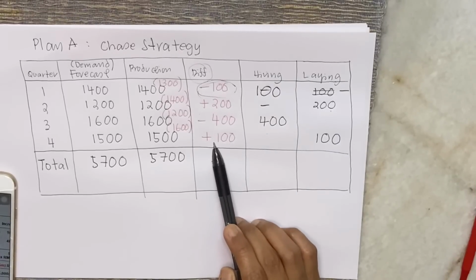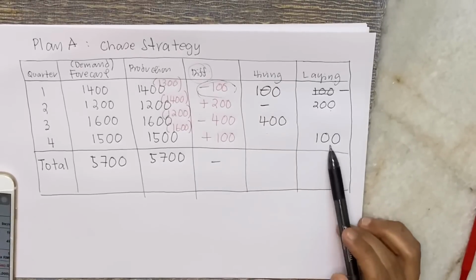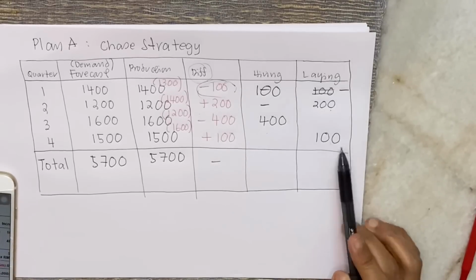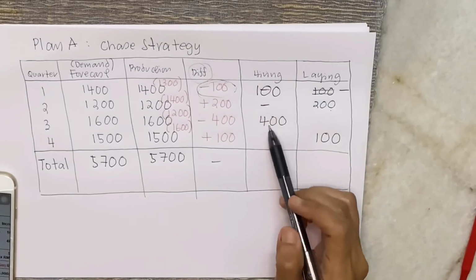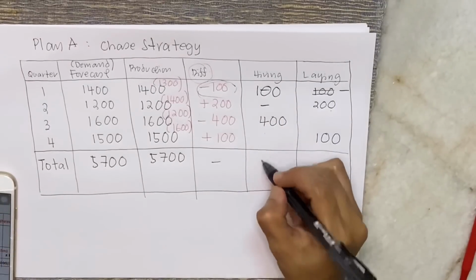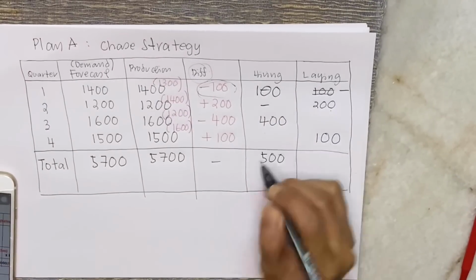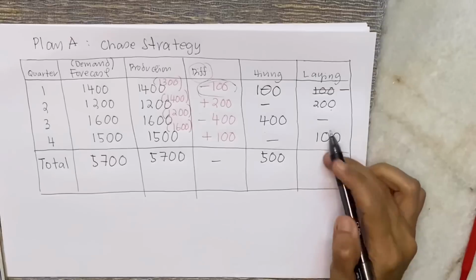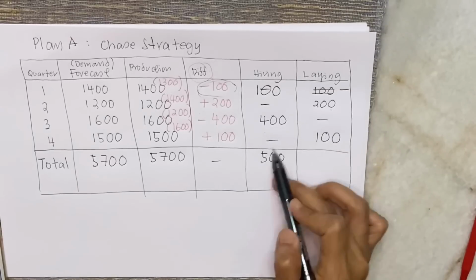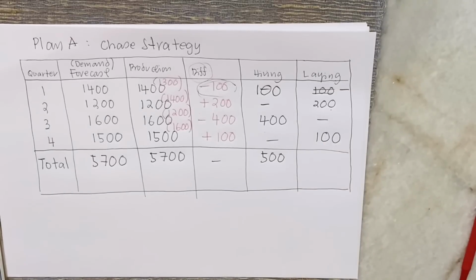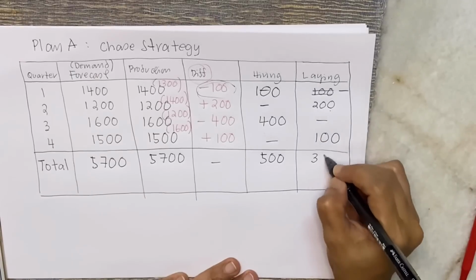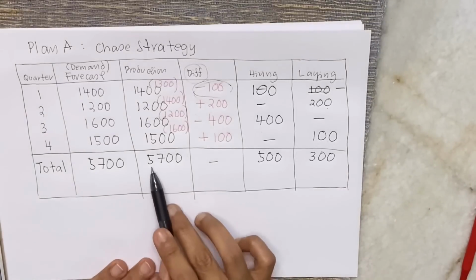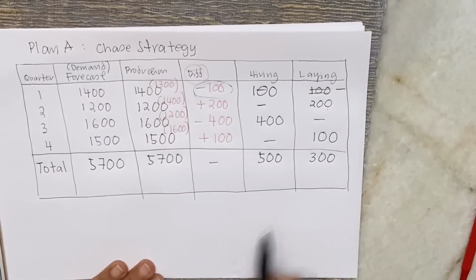Since we got the positive here, we are laying off workers that are able to produce 100 items. So 100, 500 items here, right? Then 300 items here. If nothing is to be done, we put the dash, meaning we are not going to do anything there. 300 here. Alright, so remember 5700, 5700, 500 and 300 here.